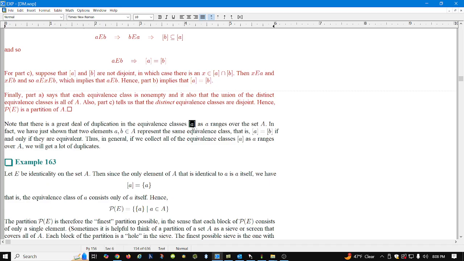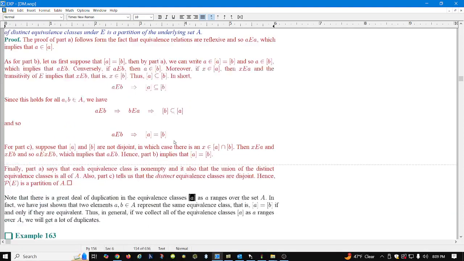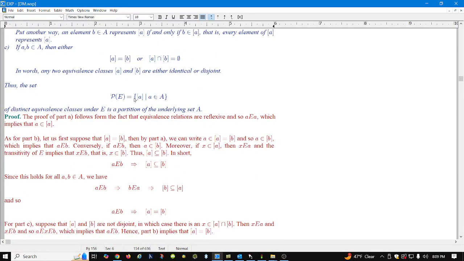So if an equivalence class has 10 elements in it, I'm going to get 10 copies of that equivalence class.